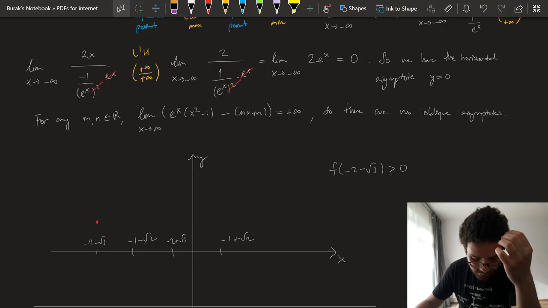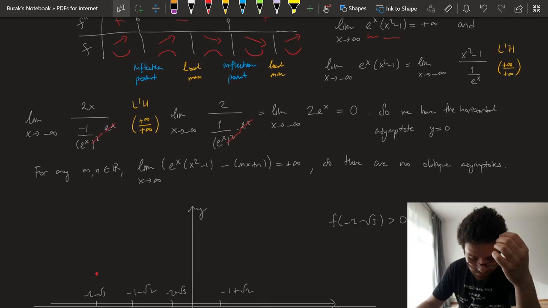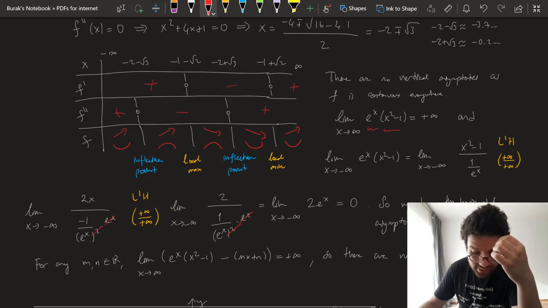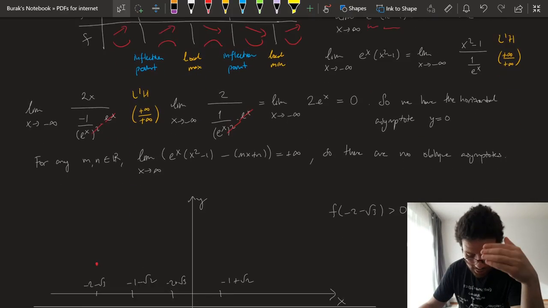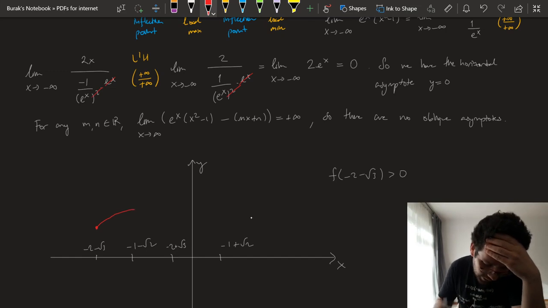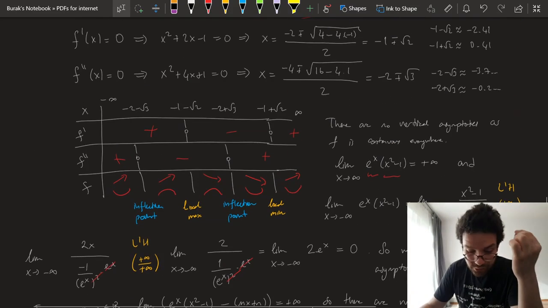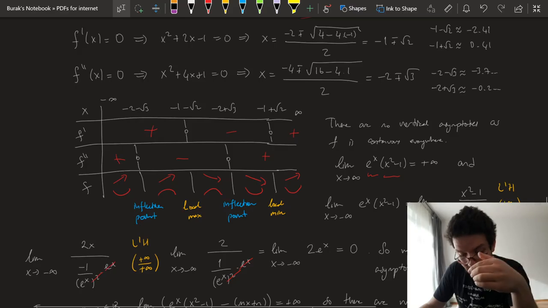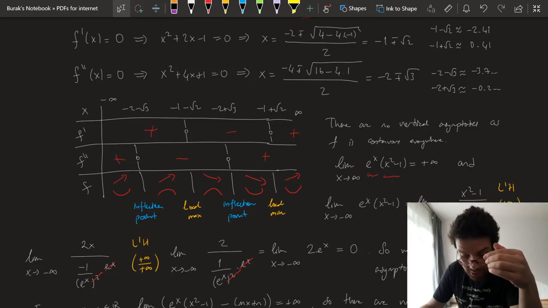And up to this point, minus 1 minus root 2, it is going to increase in a concave down way. And at this point, I see a local max at minus 1 minus root 2. And afterwards, it's going to decrease in a concave down way up to minus 2 plus root 3.